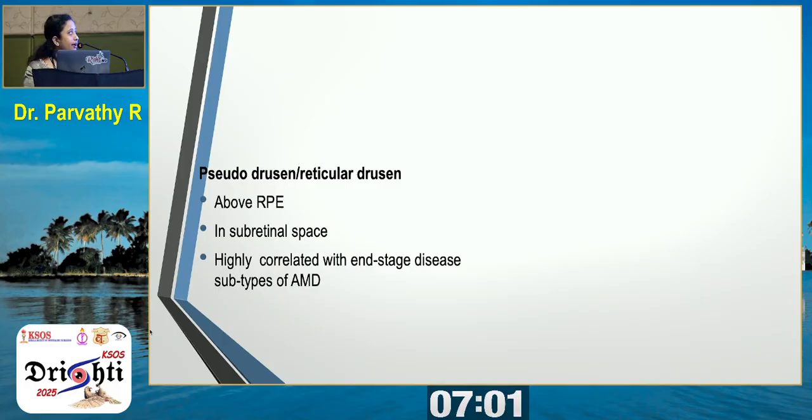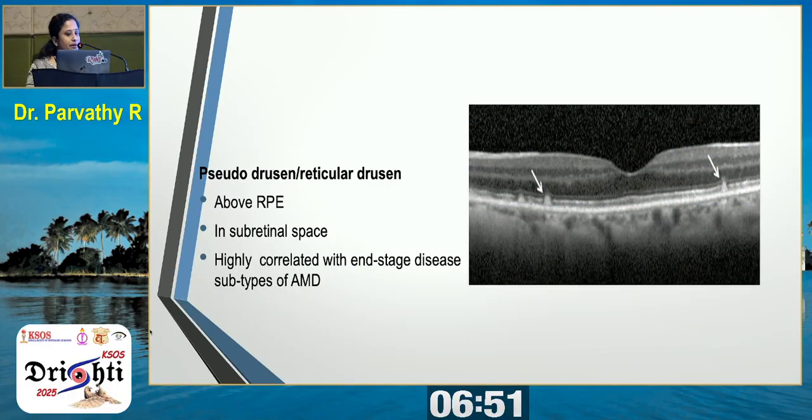Another entity is pseudodrusen or reticular drusen, which is highly correlated with development of end-stage subtypes of dry AMD. Drusen we will get in the sub-RPE space, and reticular drusen will be seen in the subretinal space, above the RPE.